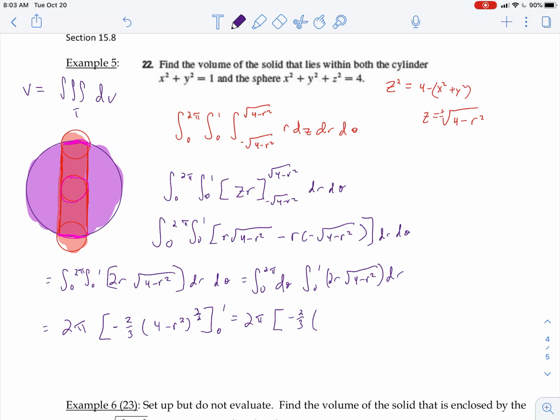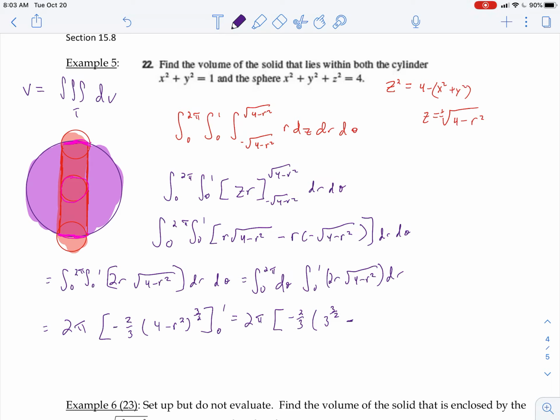Alright, so negative 2/3 times, when we plug in 1, that's going to be 3 to the 3/2 power.